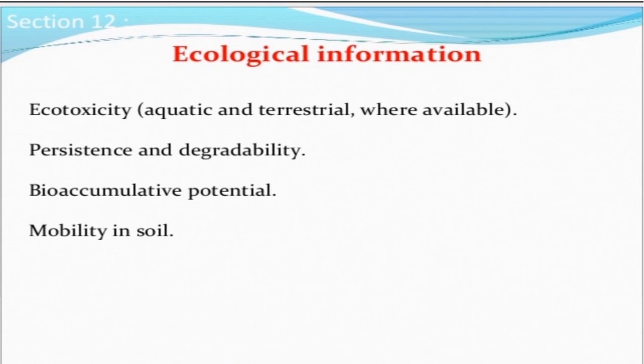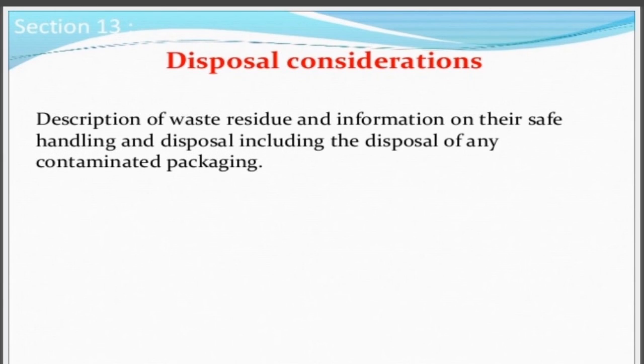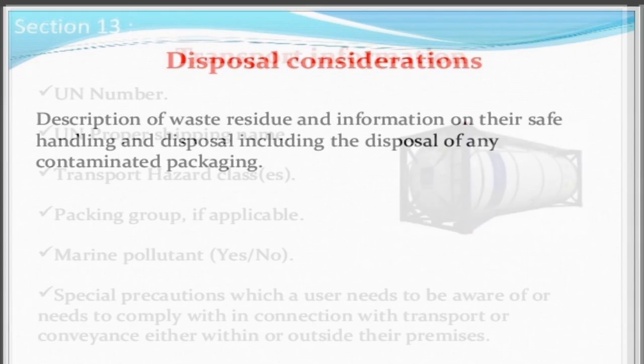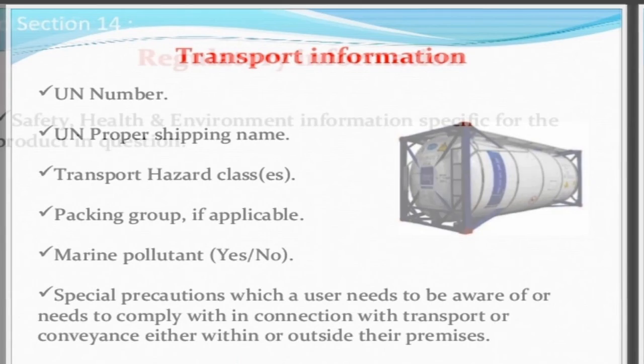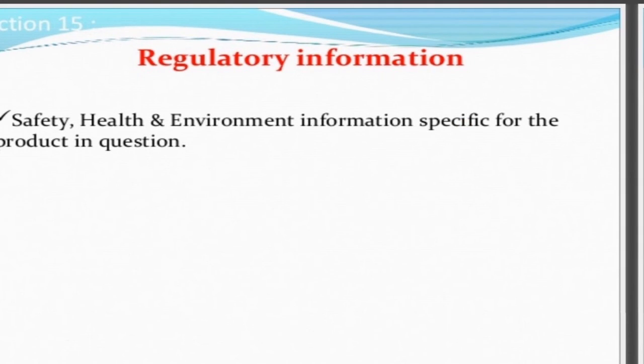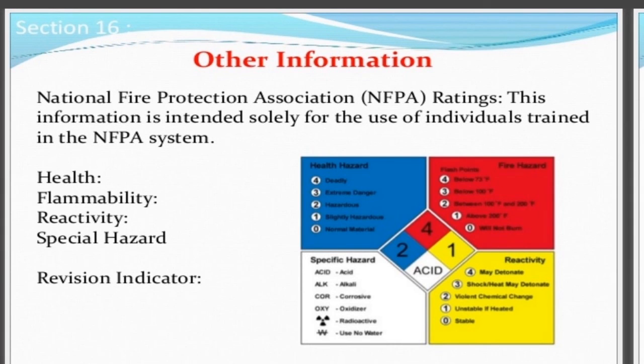Then disposal considerations, description of waste residue, and information on their safe handling and disposal, including the disposal of any contaminated packing. MSDS gives transport information and regulatory information of the chemical. Other information like National Fire Protection Association ratings is also available in the MSDS.